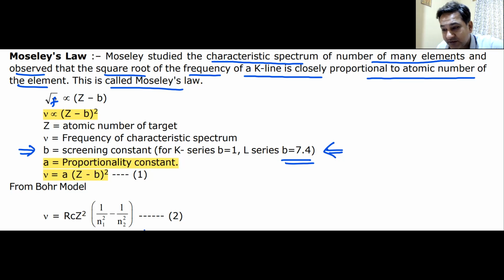It was done by the characteristic X-ray spectrum. Please note it down. Up till here, equation number 1. I'll give you a minute.